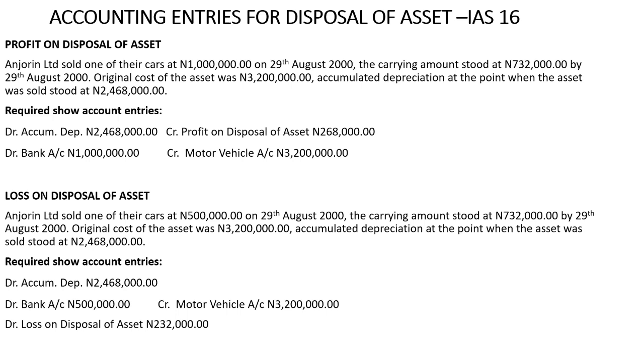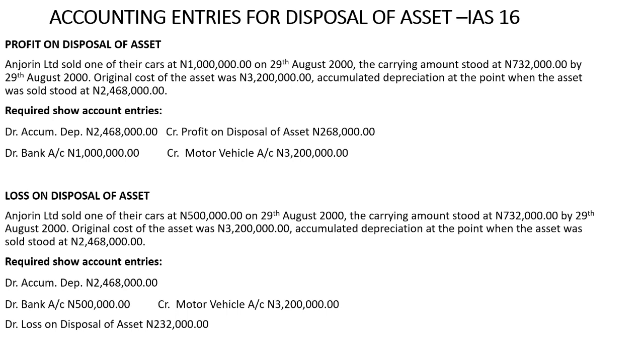Now, you need to also determine the difference between what we sold and the carrying amount of the asset in the asset register. The carrying amount is 732,000, while the amount we sold it for was 500,000 naira. So we made a loss on disposal of that asset to the tune of 232,000 naira.